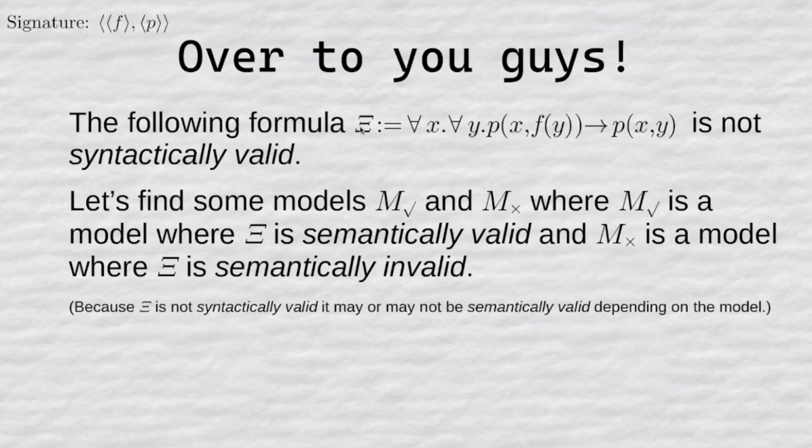So there's going to be some models that create semantically valid statements, so true statements when you use them to parameterize the turnstile function, and some that are false. So we're going to call them mtick and mcross. I'm going to turn it over to you guys, see if you can figure out some mtick and mcross. And the signature is seen in the top left. It's our one function, arity 1, f, and our binary predicate P.